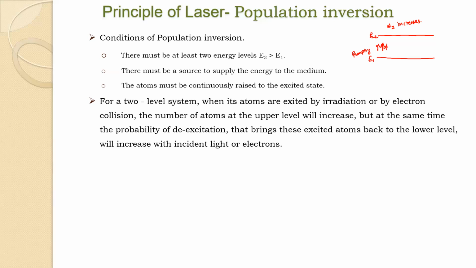If the number of atoms in the excited state increases, U21 and gamma 21 must increase. U21 is the number of spontaneous emissions and gamma 21 is the number of stimulated emissions. That will also increase. It is a process of de-excitation or emission.